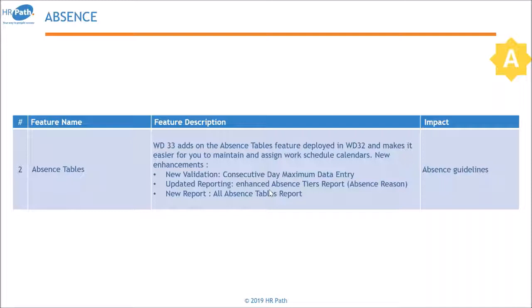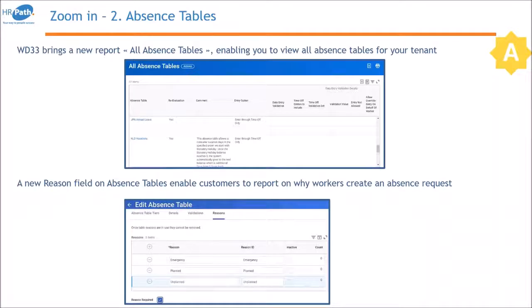So actually, I don't know if all our clients use absence tables, but their main function is to allow for the cascading of an employee from one time off to another. So it is actually used to group related time off together.